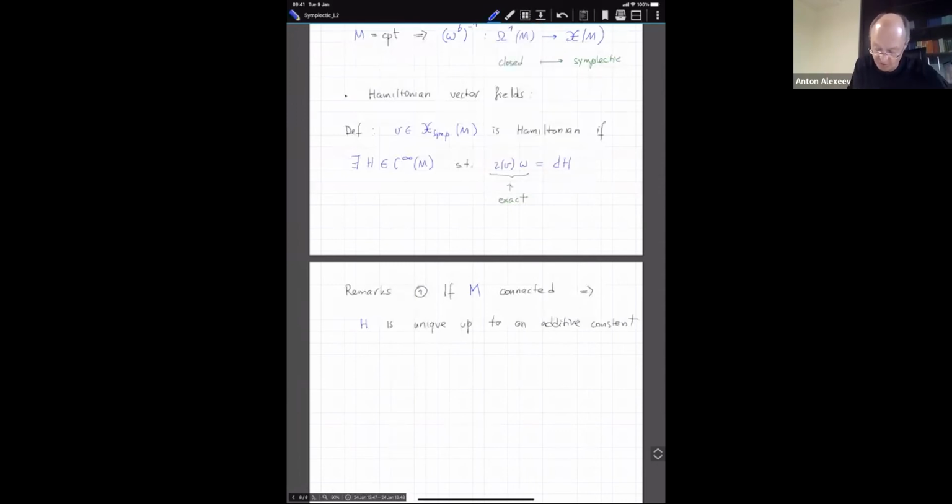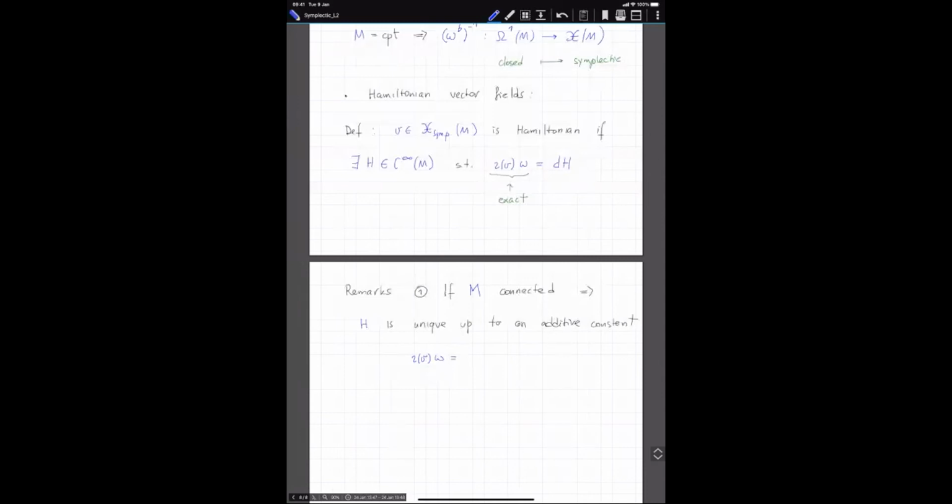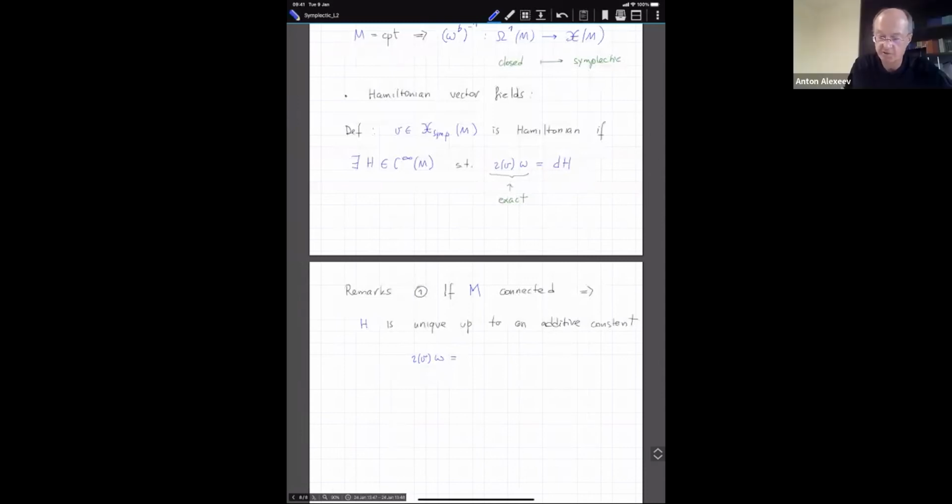Suppose that you have two different H's. In fact, you know what? I already declared I'm very bad with signs, so let's put here a minus sign. I think I need it somewhere to get good physics formulas. Maybe even today, we'll see.